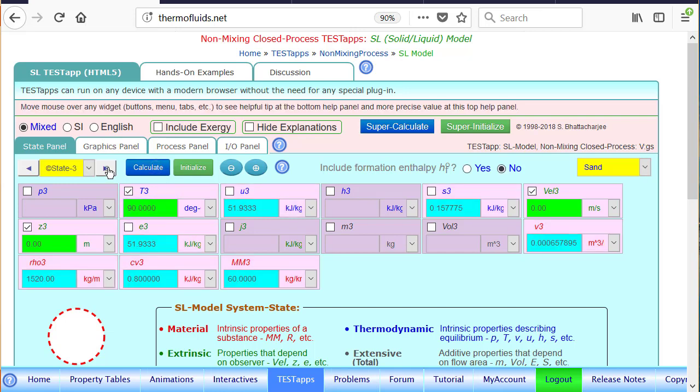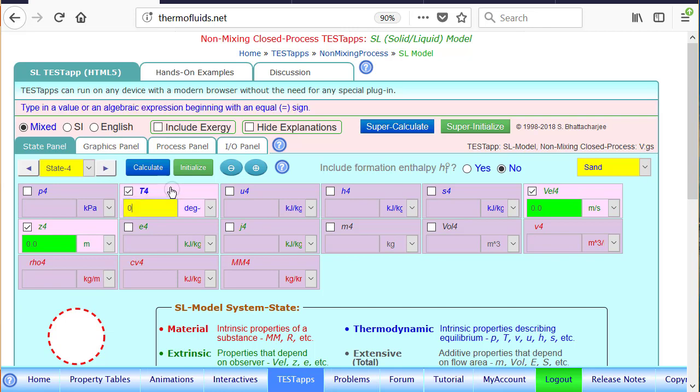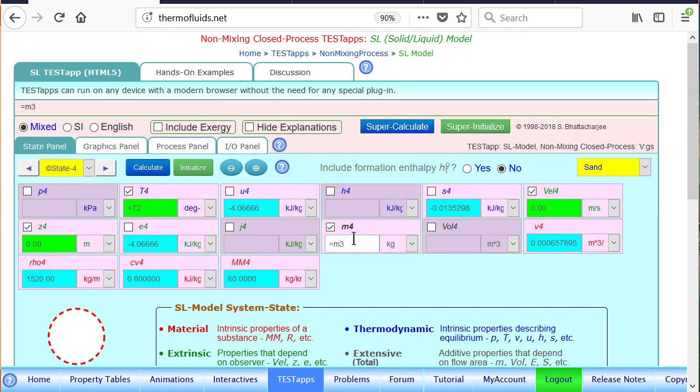At state 4, the sand temperature is going to be the same as T2, the final water temperature. And of course, the sand mass is not going to change, M3. However, when you calculate, it'll be in the white background because we don't know what M3 is yet. That's one of the unknowns you want to evaluate.